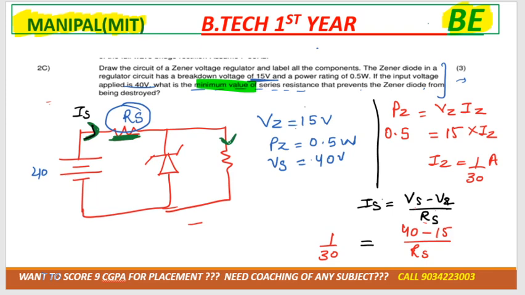So in this case we are considering that the load resistance would be maximum, and if this resistance is maximum, then no current will flow through the load resistance. So IL would be equal to 0 because all the current we are considering is going through the Zener diode, because they have given that we need to find the minimum value. Okay, so whenever such a condition comes, we can consider IL is equal to 0.